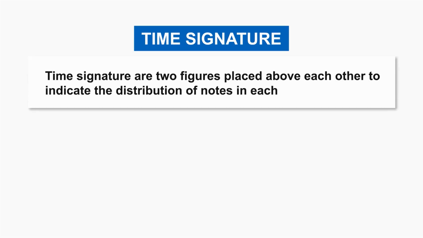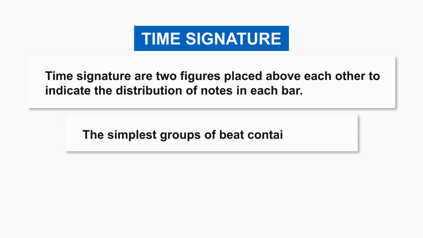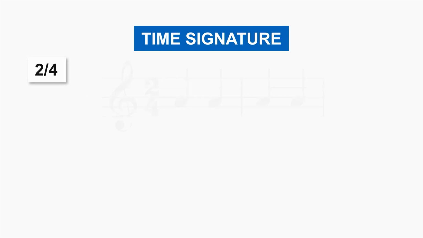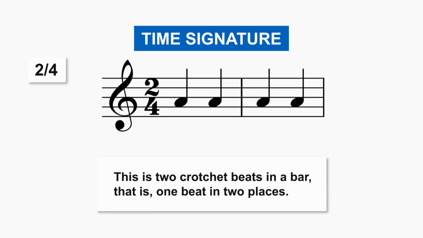What is a time signature? A time signature is 2 figures placed above each other to indicate the distribution of notes in each bar. The simplest groups of beats contain 2, 3, or 4. 2, 4. This is 2 crochet beats in a bar, that is, 1 beat in 2 places.